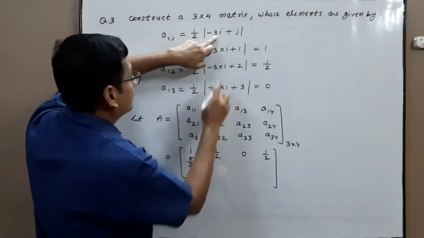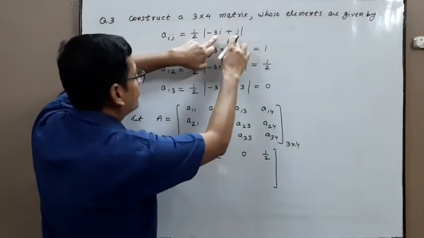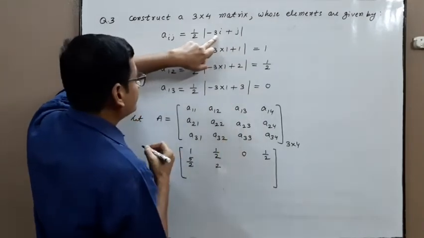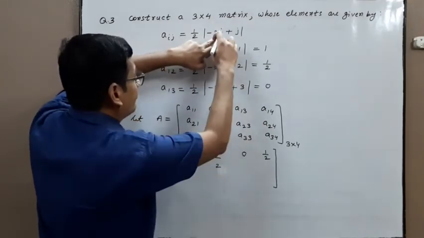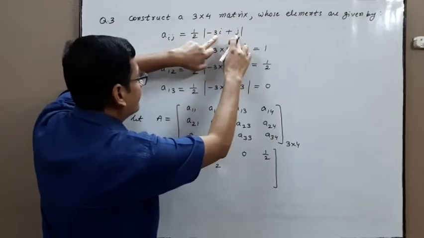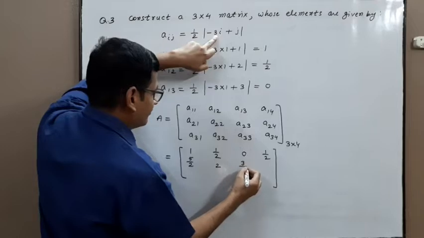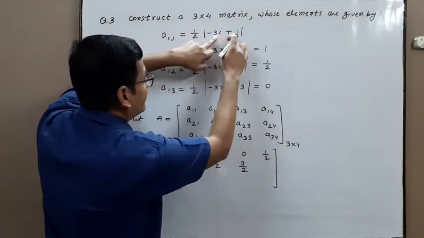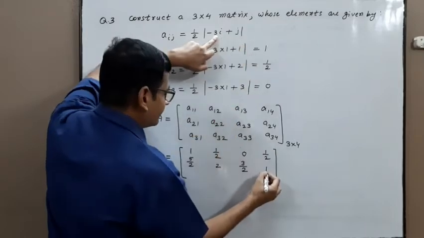Then 2 minus 6 plus 2, minus 4 by 2, so 2. Then 2 minus 3 into 2 minus 6 plus 3, minus 3, so 3 by 2. A24 is minus 6 plus 4, 2 by 2, so 1.